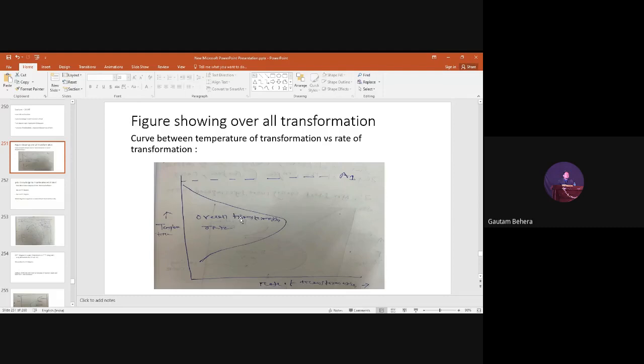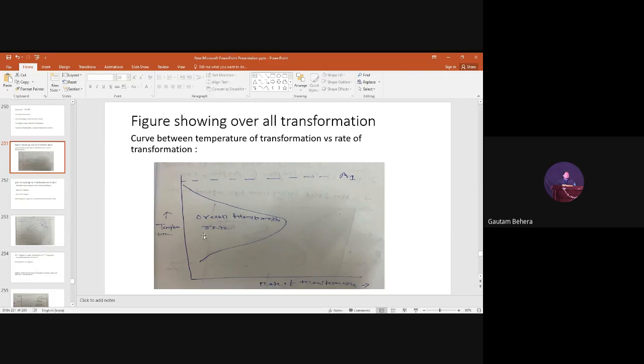This can be justified with the help of the rate of nucleation curve and the rate of growth curve, right? Rate of nucleation always depends upon the driving force. If the driving force is higher, that means if undercooling is higher, then the rate of nucleation will be higher, right? And rate of growth depends upon the temperature, because it depends upon the rate of diffusion. If temperature is higher, then diffusion will be higher, then the rate of growth will be higher.